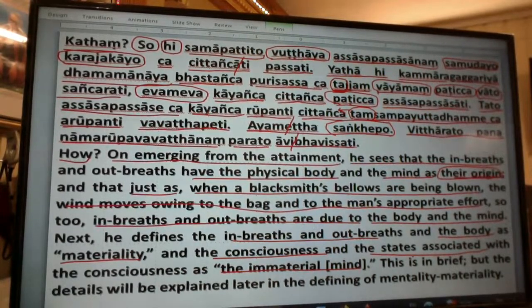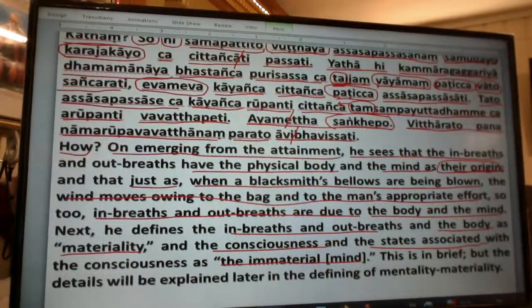This is in brief, but the detail will be explained later in the discernment of mentality and materiality. So don't worry about that. Okay, go to the next one.